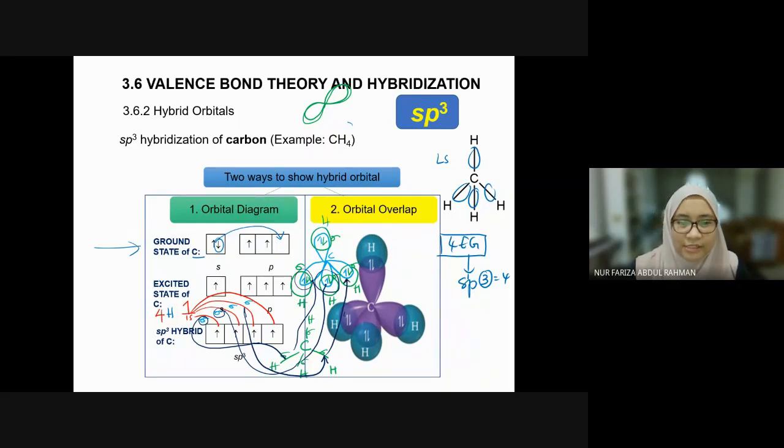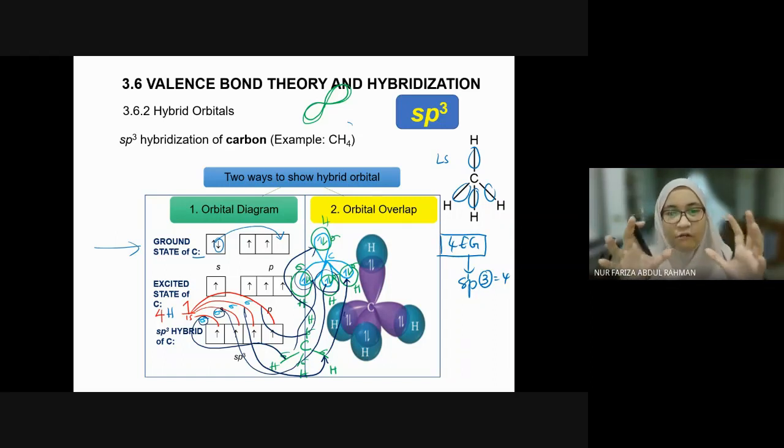And last but not least, the fourth sigma bond is this one yang kat atas ni, and also the same as this one. Okay, saja je saya nak connect them, nak menunjukkan yang dia correlate ataupun align. Tapi dalam exam tak perlu pun tunjuk dia macam tu, unless you are asked to do so.